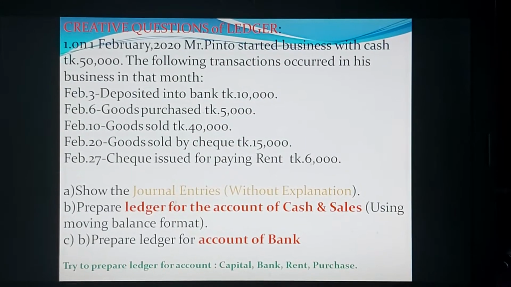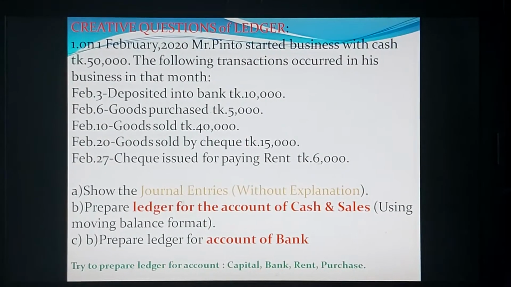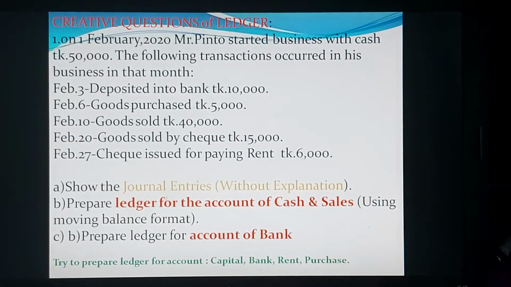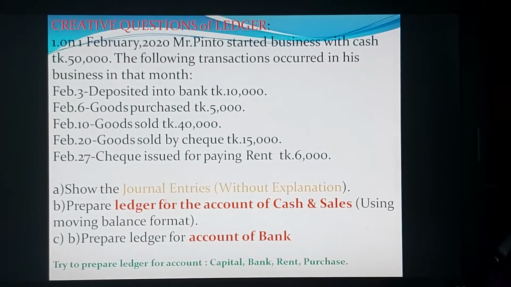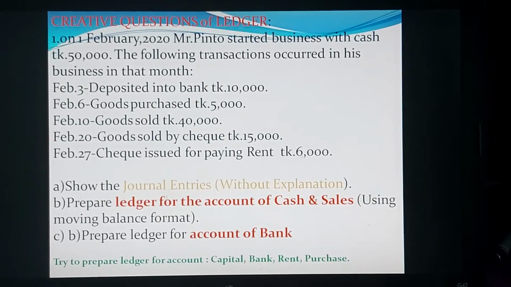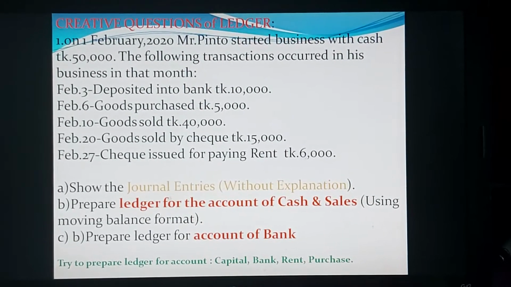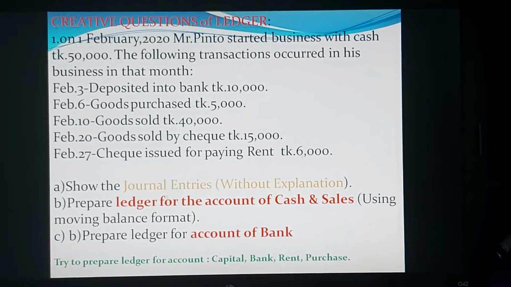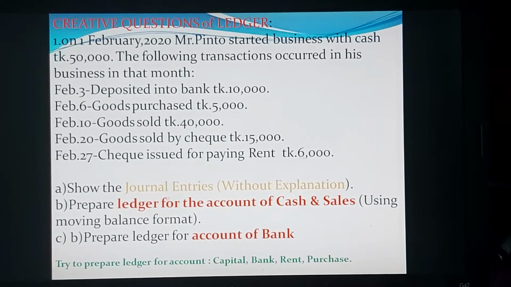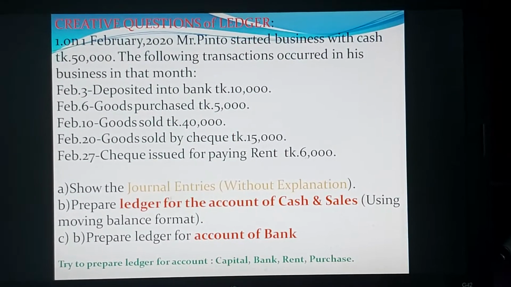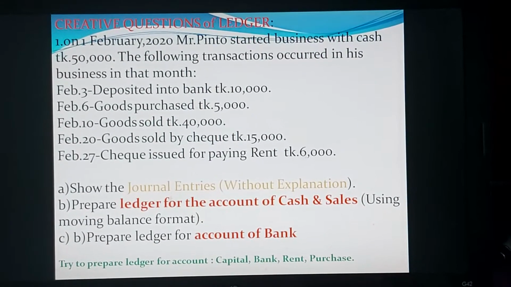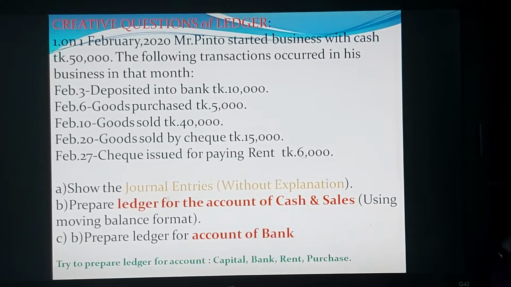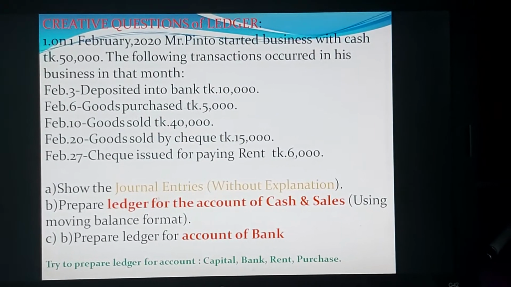February 3, deposited into bank. In this transaction, two accounts are involved. First one bank account, another one cash account. So you can write for journalizing this transaction, bank account debit, cash account credit for taka 10,000. February 6, goods purchased.